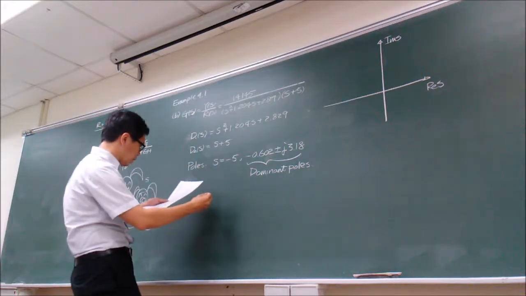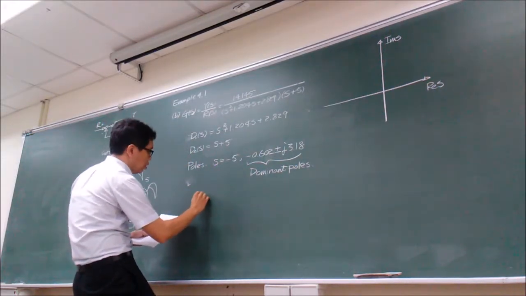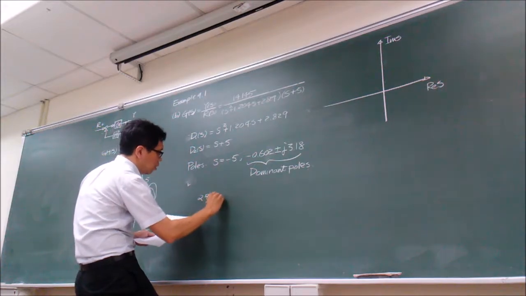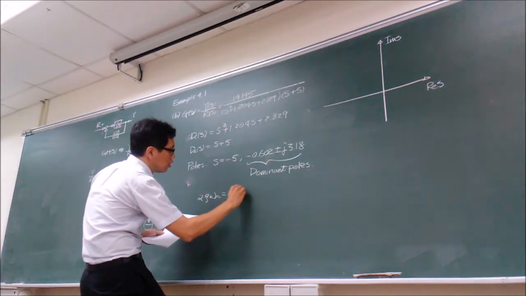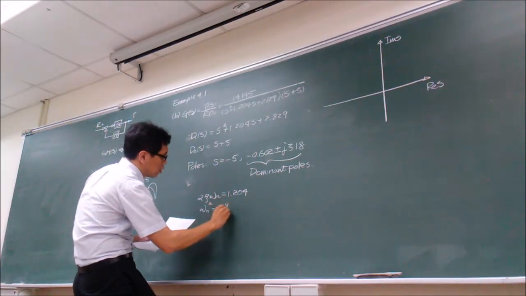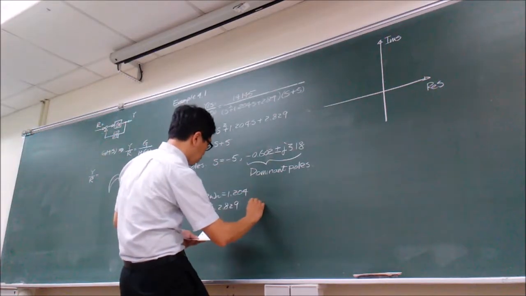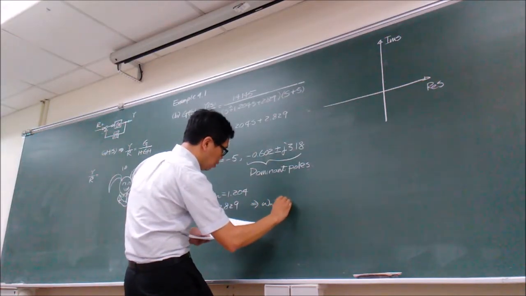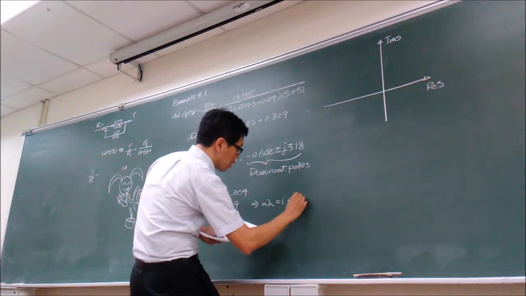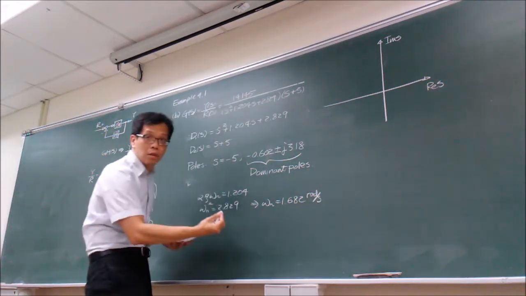So when we are doing an analysis over here, we are going to have, which means my omega n equals 1.682 radians per second.